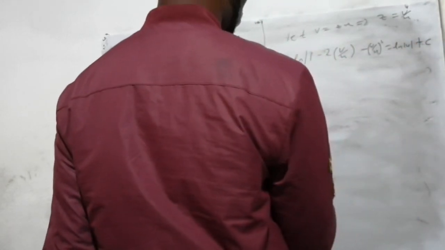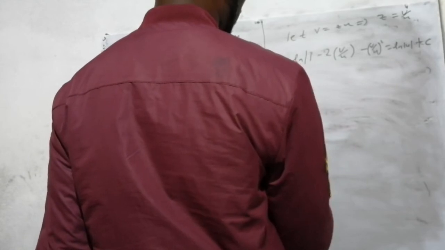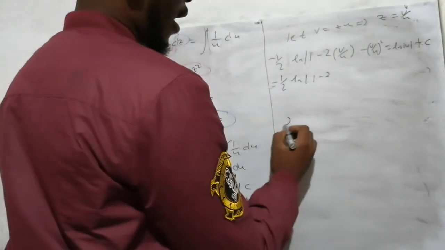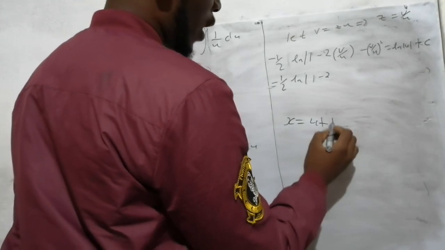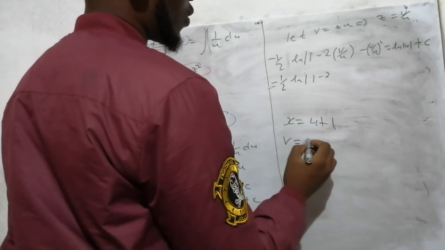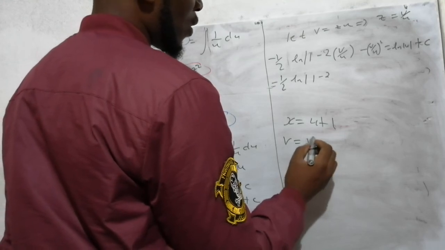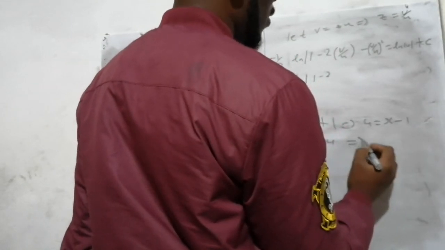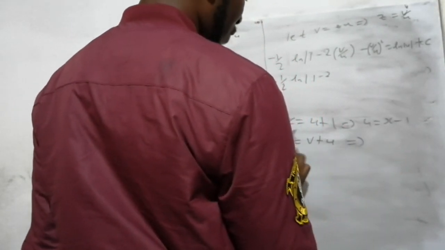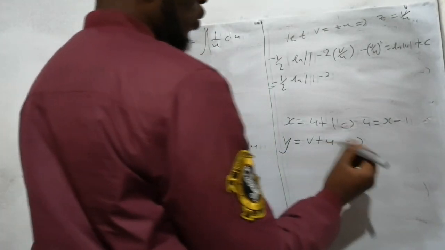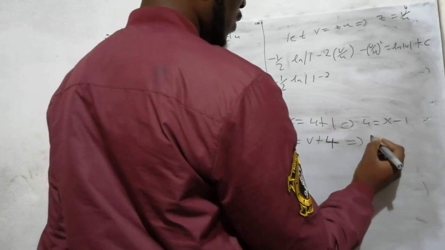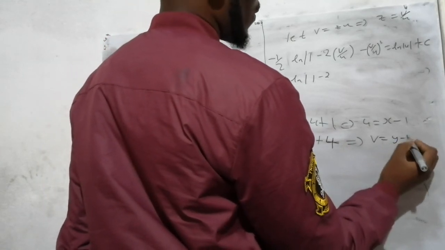Remember initially we said x equals u plus 1, which implies that u equals x minus 1, and y equals v plus 4, which implies that v equals y minus 4.